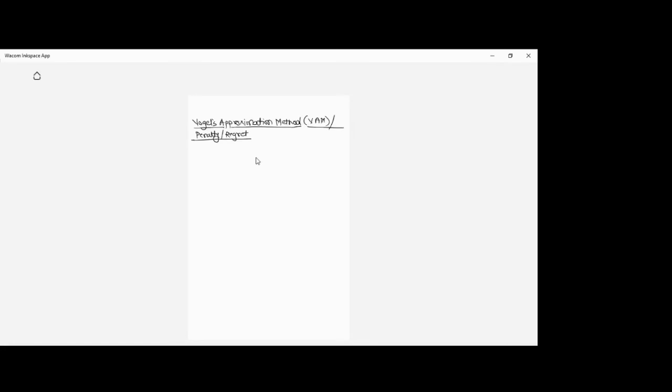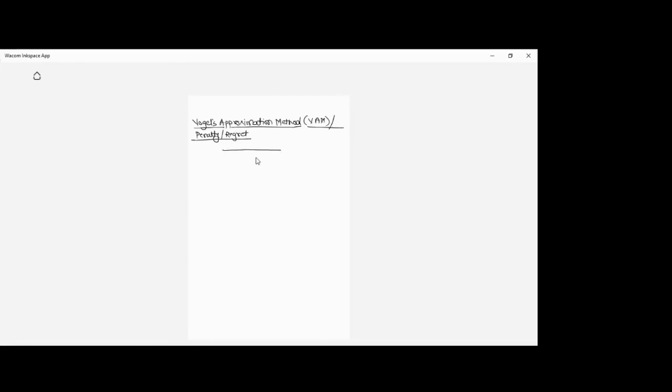Now, I want everyone's attention here, because this is one of the most important methods, and the quality of the basic feasible solution that we get through this method is of the finest quality. Sometimes the solution that we get from this is the optimal solution as well. So let's focus on this method.